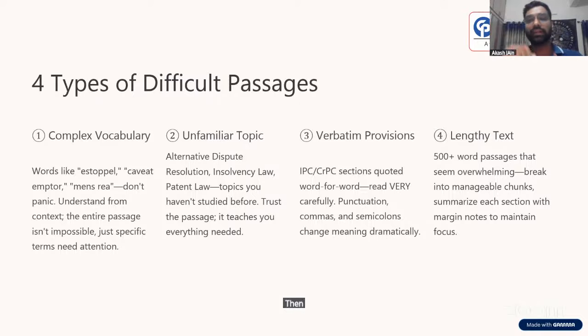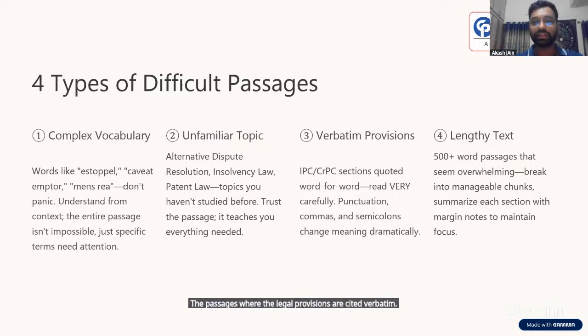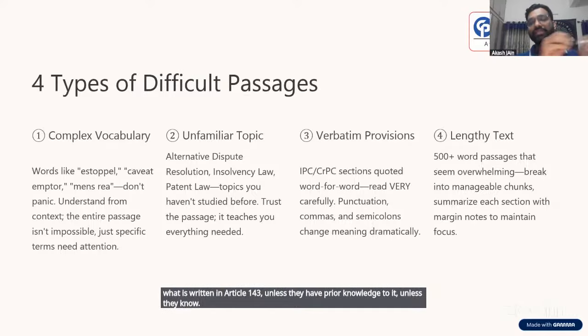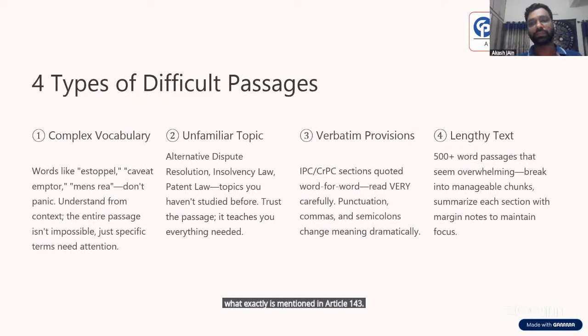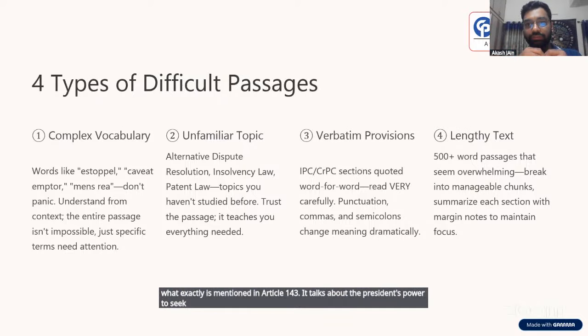Then the third type of passages which are actually difficult to deal with are the passages where the legal provisions are cited verbatim, right? For example, if the passage cites Article 143 verbatim, 90% of the aspirants will not be able to understand what is written in Article 143 unless they have prior knowledge of it. It talks about the president's power to seek the advice of the Supreme Court in certain legal matters of public importance.